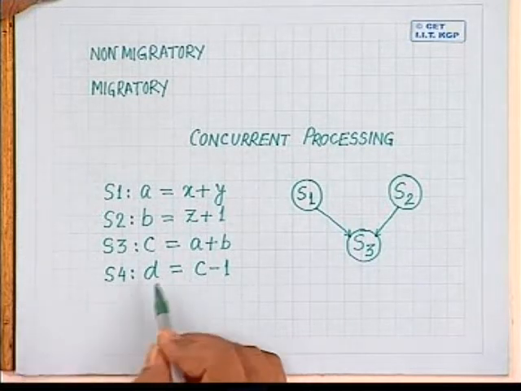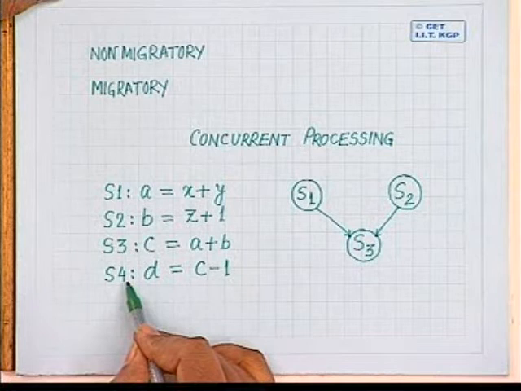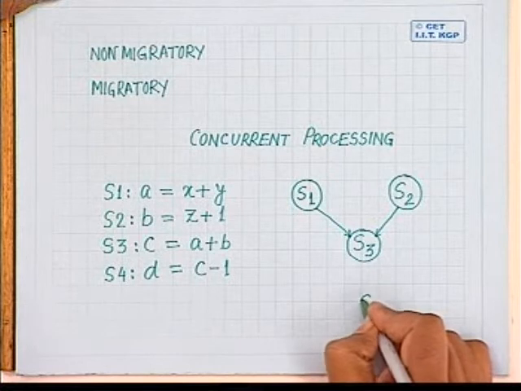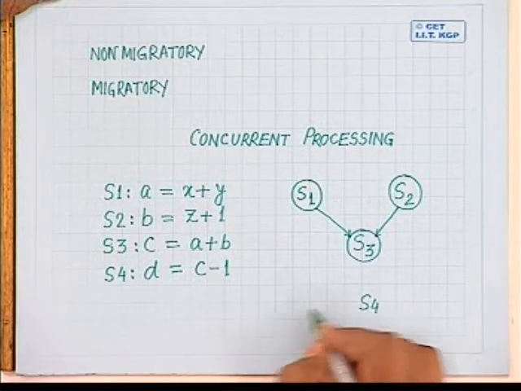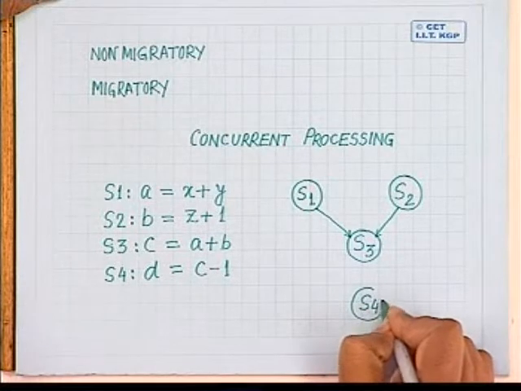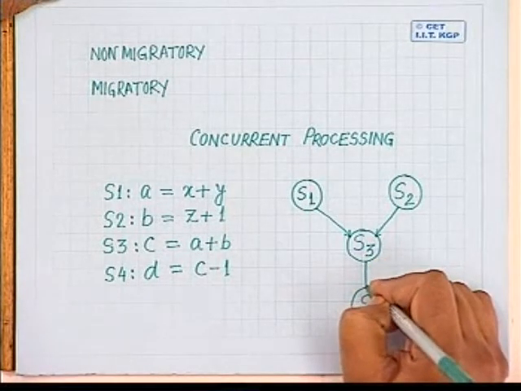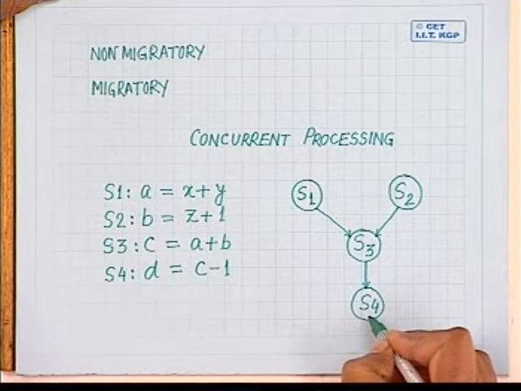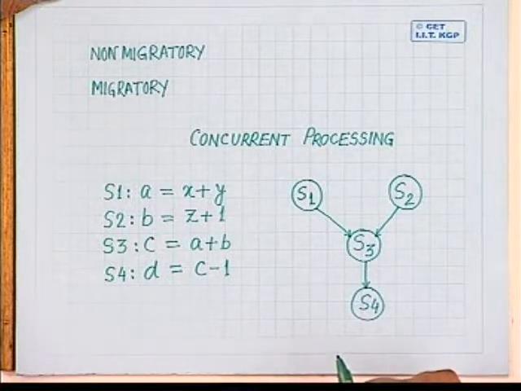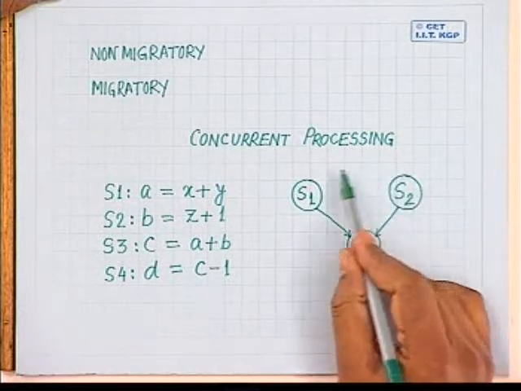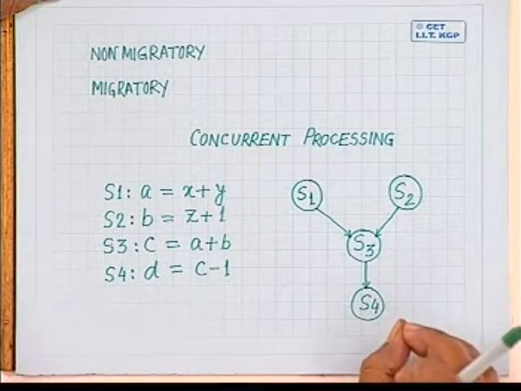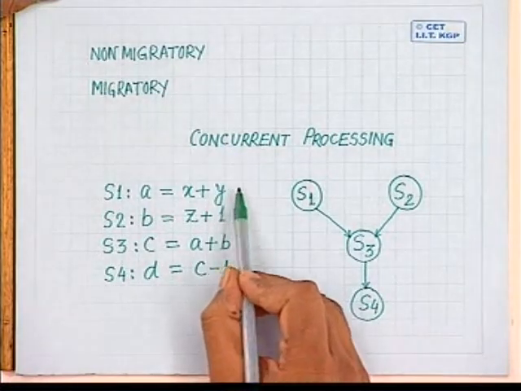Okay. Similarly, S4 has to be computed after S3 is complete. So I put S4 as another node in the graph. Okay. And I have to have a directed edge from S3 to S4, indicating that S4 can be computed only after completion of S3, not before that. Okay. So I get a graphical representation which tells me the dependency among the different statements within a program segment like this.